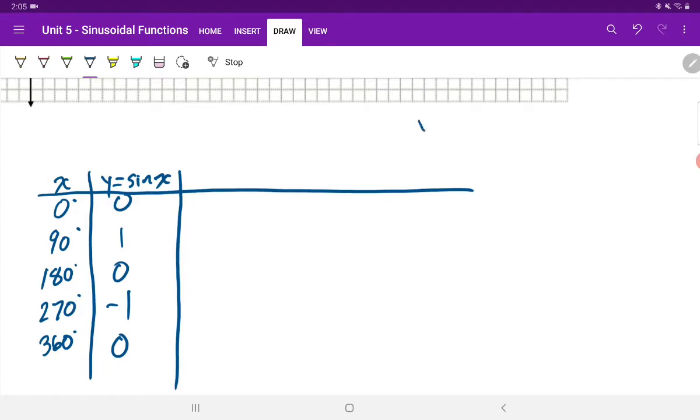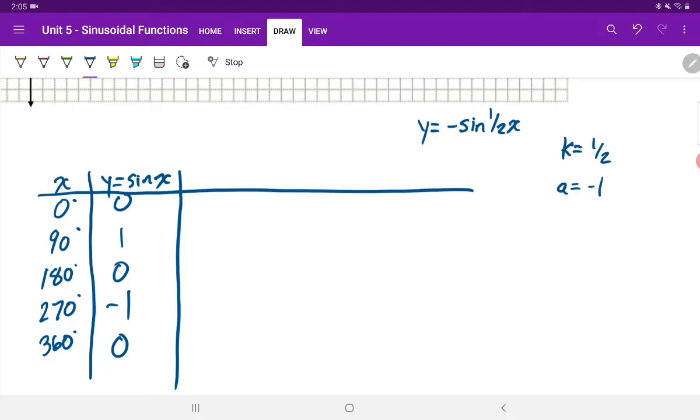Okay, now let's figure out our new points. So our new function is y equals negative sine of 1/2 times x. Okay, so our k value is 1/2. Our a value is -1.